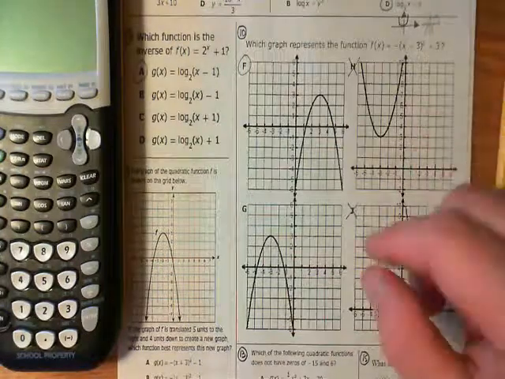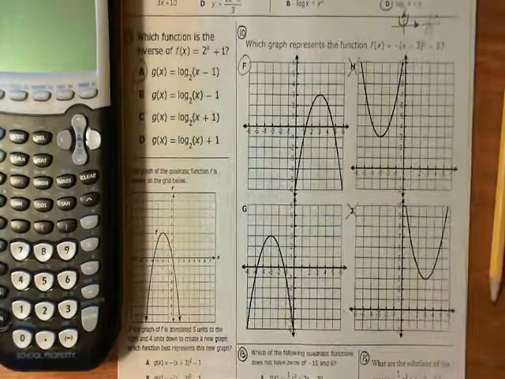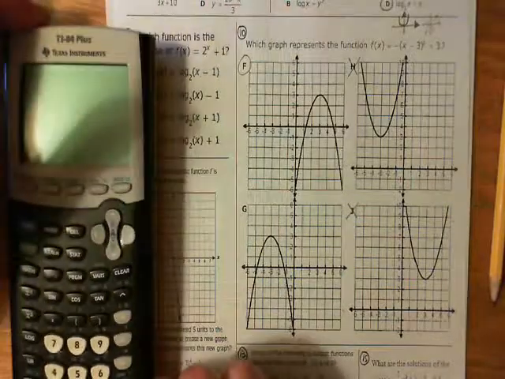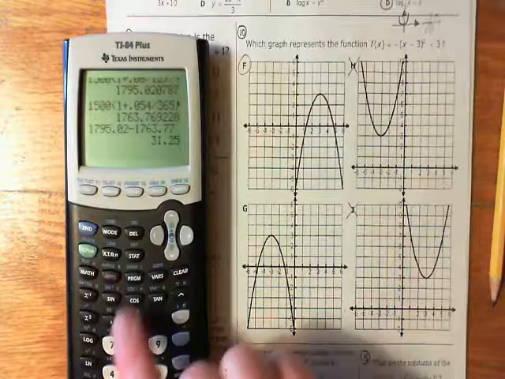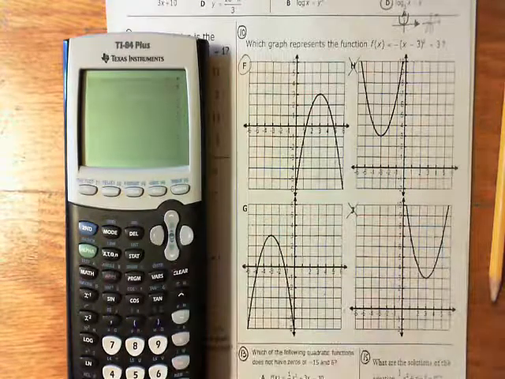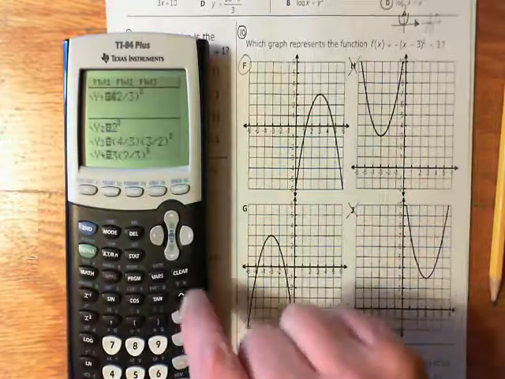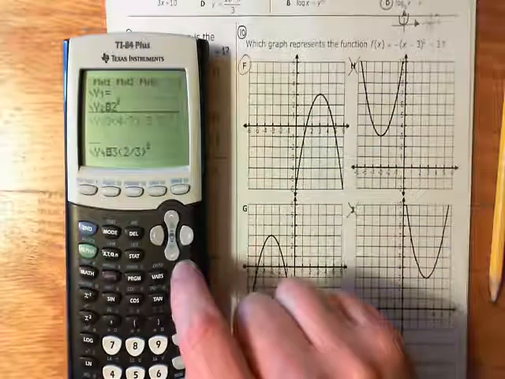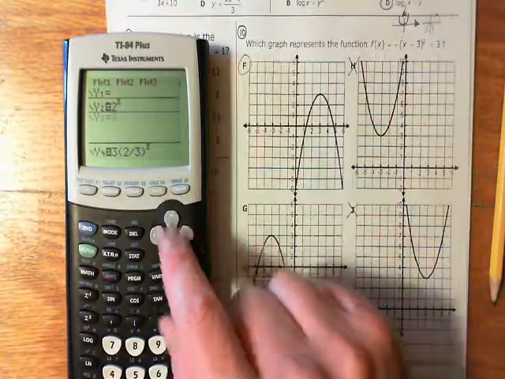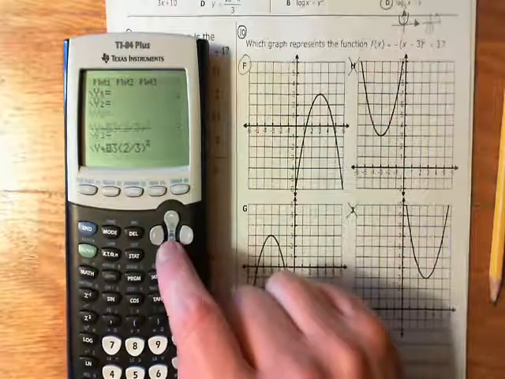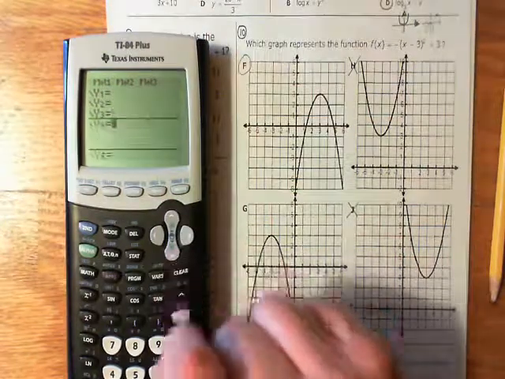Alright? Now that's how you do it graphically. But remember one thing. You have your calculator. Right? You can always use a calculator. So let's press clear. Let's press Y. Let's go ahead and clear everything that we have there. Clear.